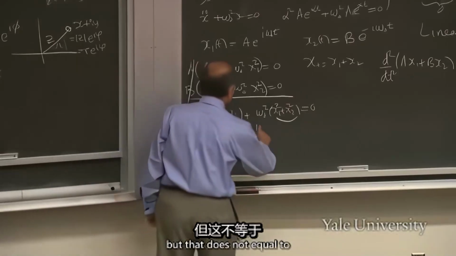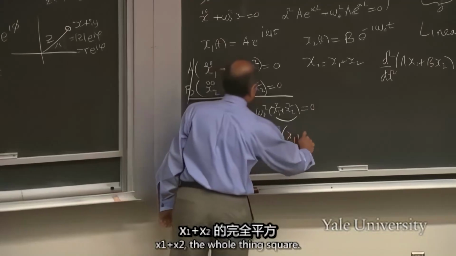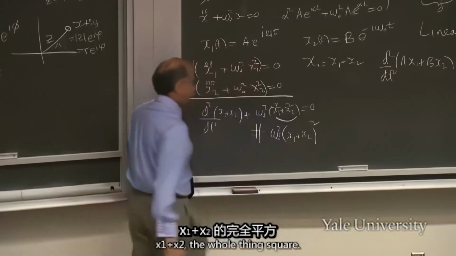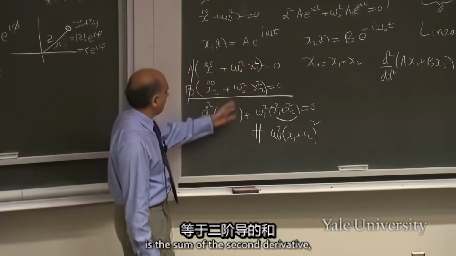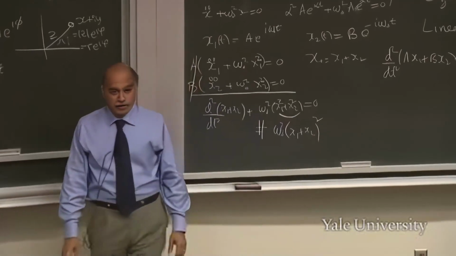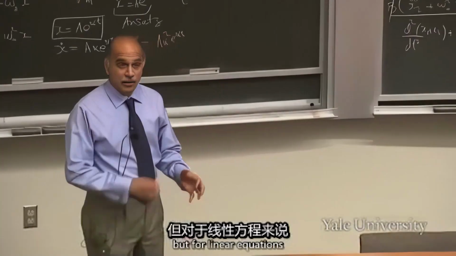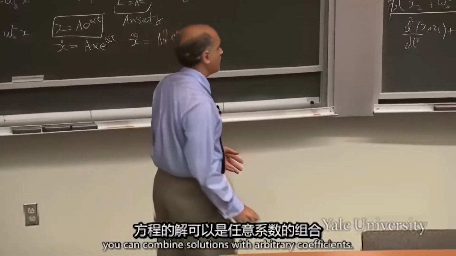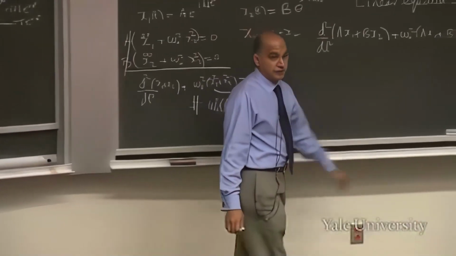But that is not equal to x1 plus x2, the whole thing squared. So even though the second derivative of the sum is the sum of the second derivatives, the sum of the squares is not the square of the sum. So for a nonlinear equation, you cannot add solutions. For a linear equation, you can combine solutions with arbitrary coefficients. That's the lesson you have learned today.